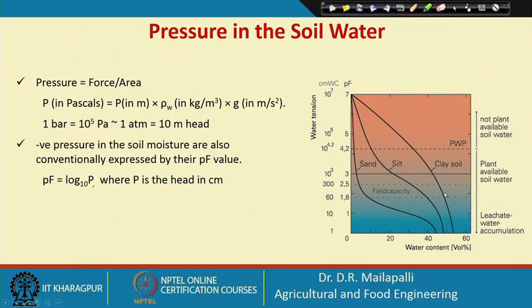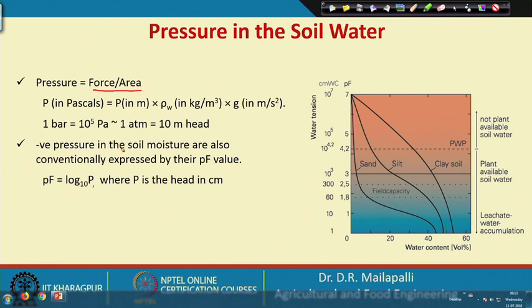In order to understand that process, we need to know some fundamental things before going into the details of drainage. Here is the pressure in the soil water. Pressure is expressed as force per unit area, where P is in pascals, or P is in meters of head.